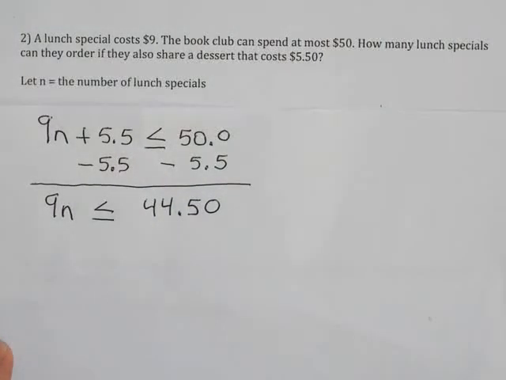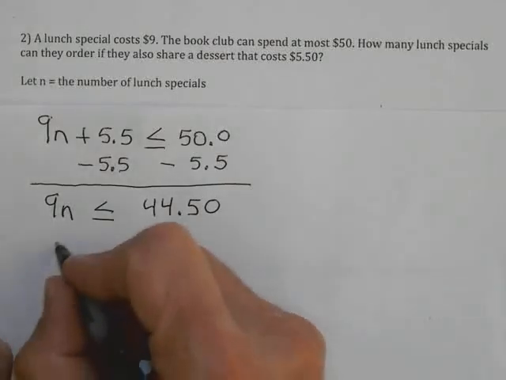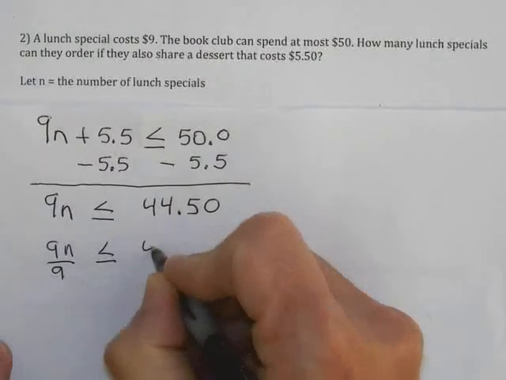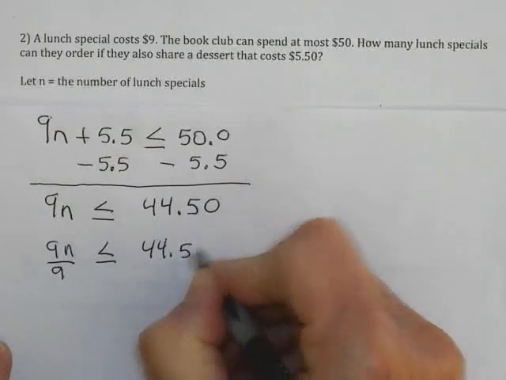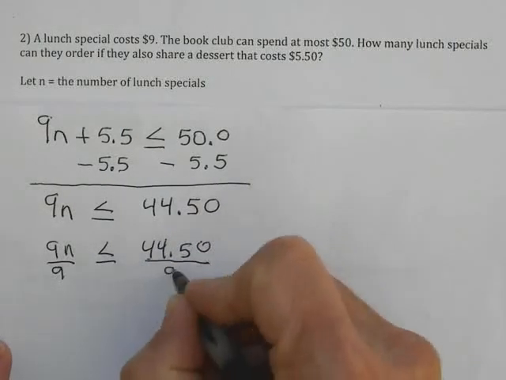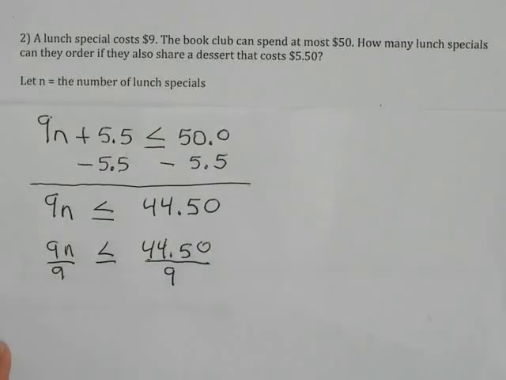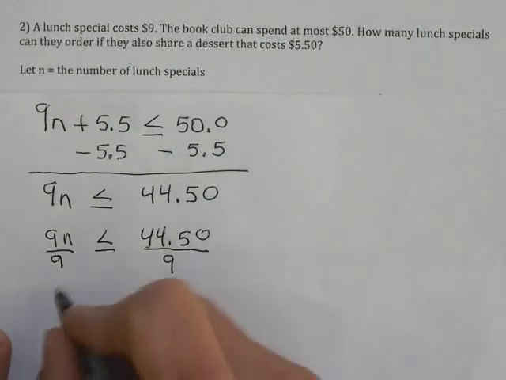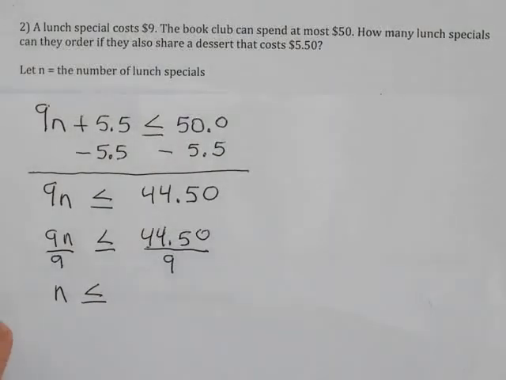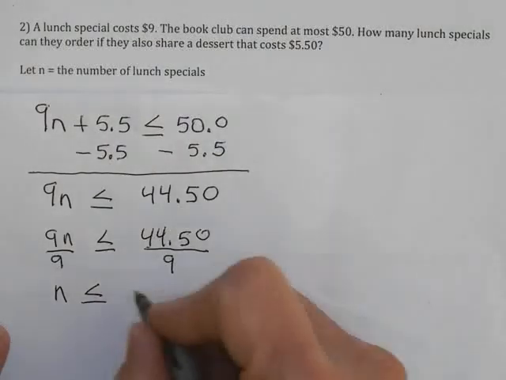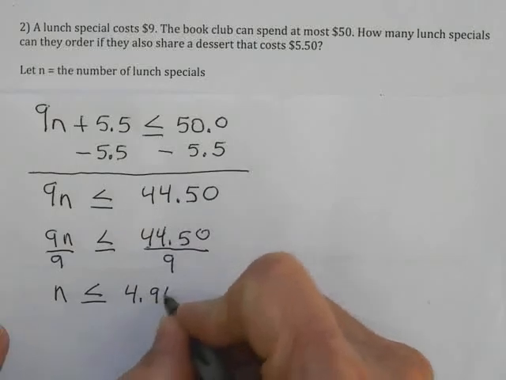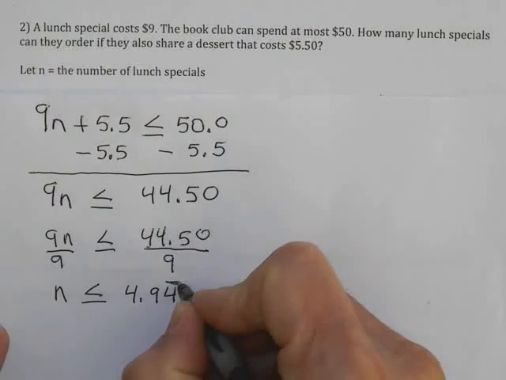And now I'm going to solve for n. I'm going to divide both sides of this inequality by the number 9, thereby isolating my variable. And I'll use my 0 again, dividing both sides by 9. I'm just going to slide this up a tad, and we can see that n would be less than or equal to, once again, we're going to get a decimal here, and it would be 4.9, and the 4 would repeat.